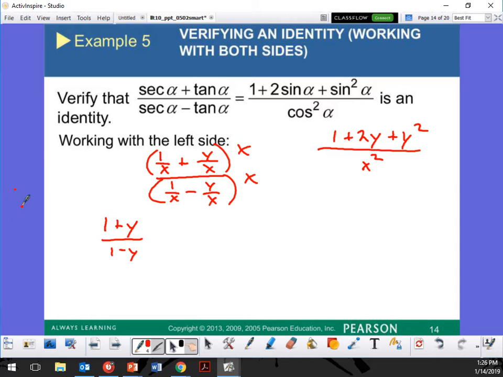Same thing, different signs. But I'm going to do it at the bottom, because if you notice, on top I got a bunch of pluses, and on the bottom I got a minus. So I'm going to take care of that. I'm going to multiply by 1 plus y over 1 plus y.